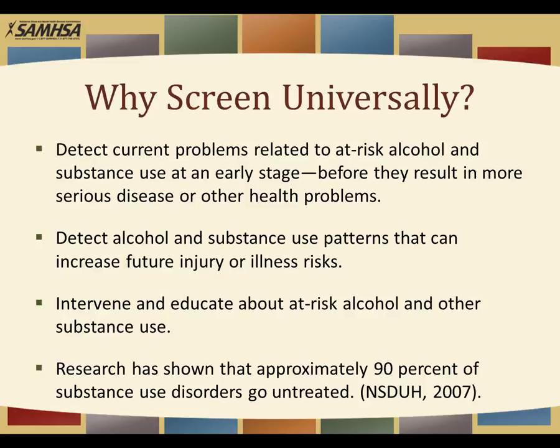We want to detect use patterns that might put people at risk. We want to intervene and educate about at-risk alcohol and other substance use. And research has shown that approximately 90% of substance use disorders go untreated. So we're trying to set out a way to find that 90%.